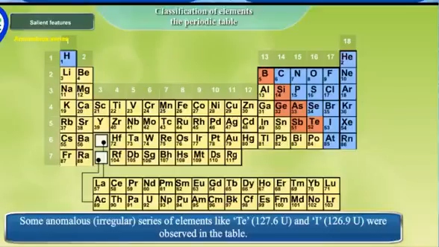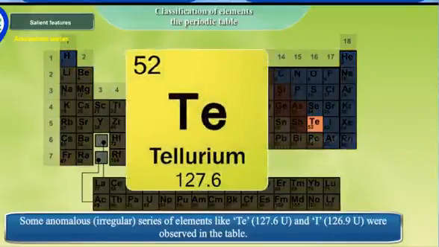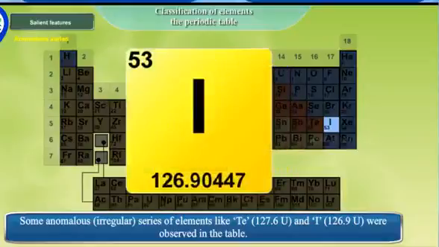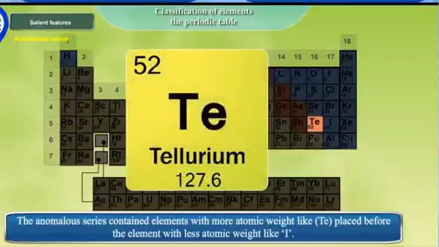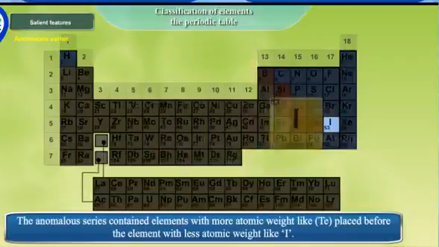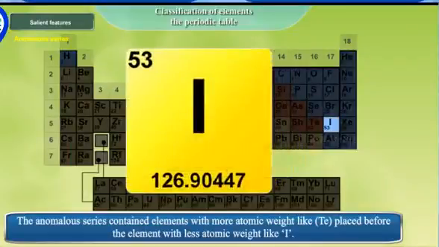Some anomalous, that is, irregular series of elements like Te and I were observed in the table. The anomalous series contained elements with more atomic weight, like Te, placed before the element with less atomic weight, like I.